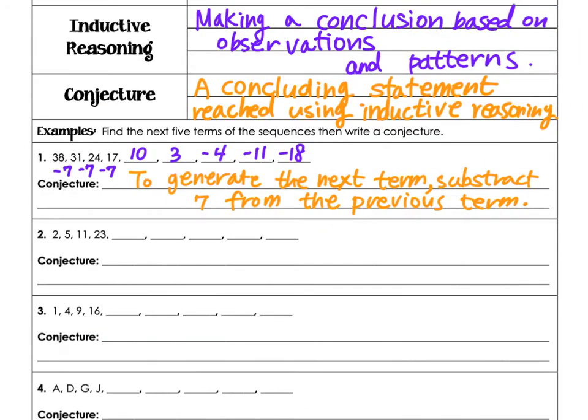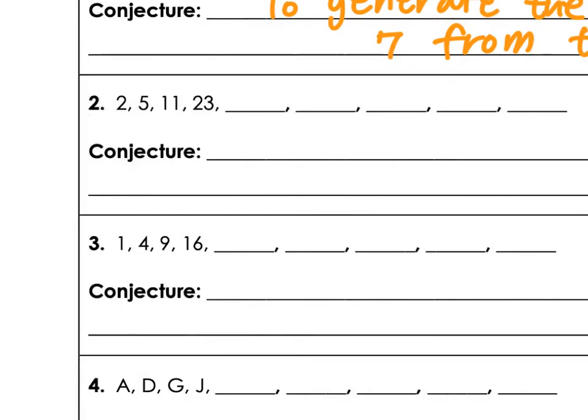Number 2: 2, 5, 11, 23. This is a case where you can have more than one process to get the pattern. We multiply by 2 first and add 1. So 2 times 2 is 4, plus 1 is 5.